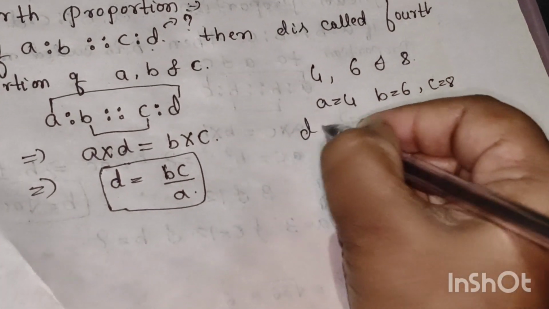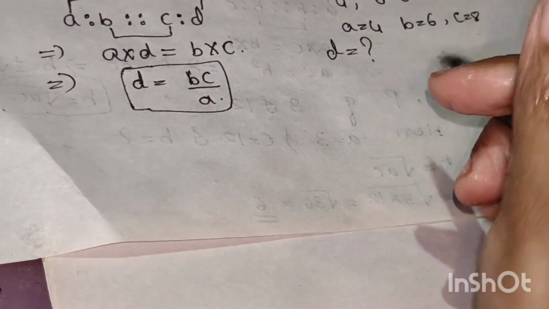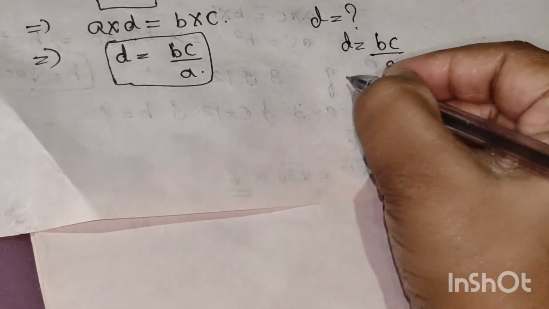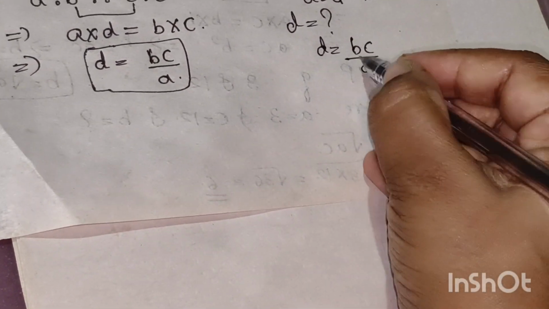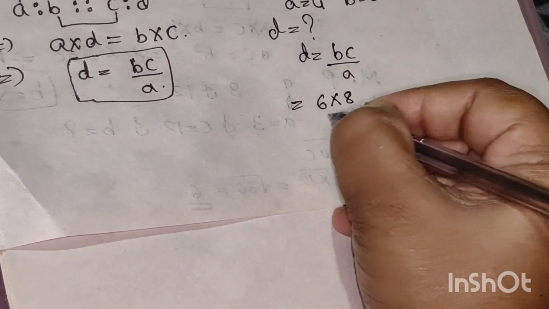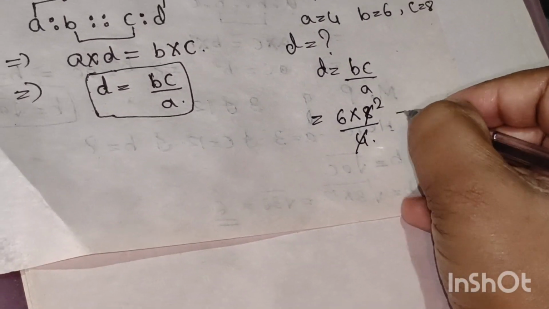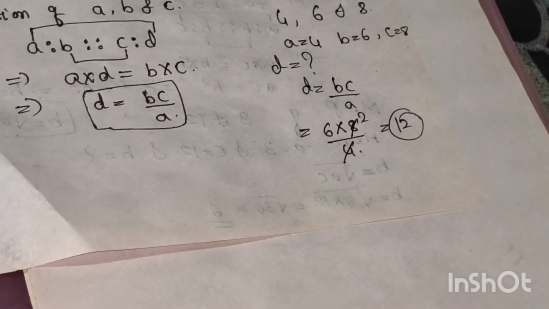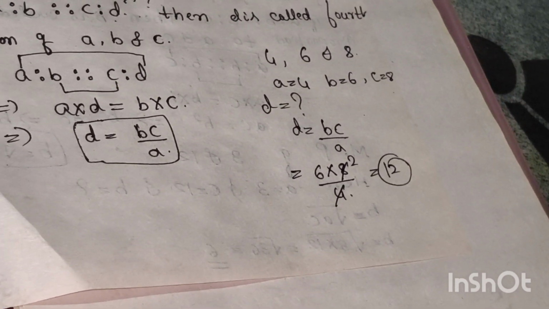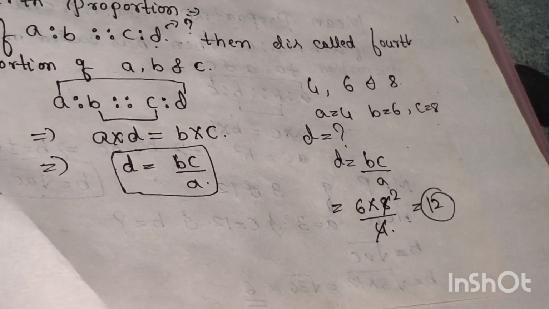In this case we find D. To find D, there is a formula D is equal to BC by A. We directly substitute the values of A, B, C in this formula. So this is equal to 6 into 8 by 4. So 4 ones are 4, 4 twos are 8. So this is equal to 12. So the fourth proportion of 4, 6 and 8 is 12. This is the direct method to find the fourth proportion.